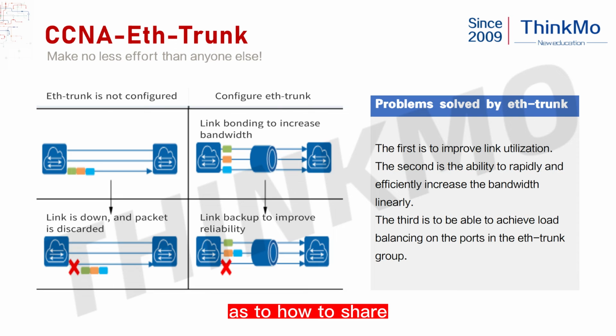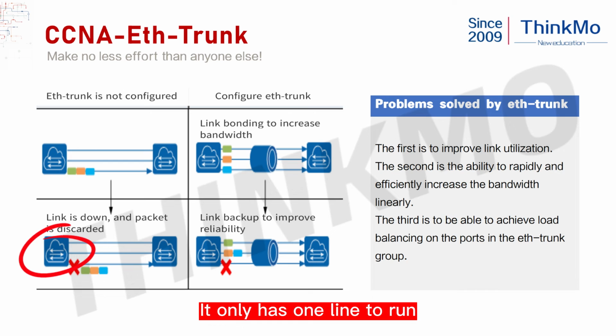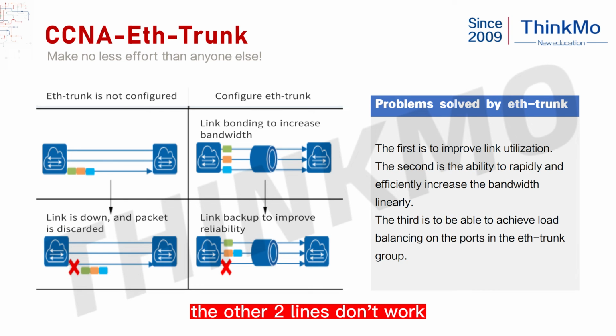As to how to share, we're not going to talk about it. There are two pictures here. One is where the ETH trunk is not configured: only one line runs, and the other two lines don't work. If we configure the ETH trunk, when one of the circuits breaks, the other two lines remain running. When there are no breakdowns, all three lines are running.